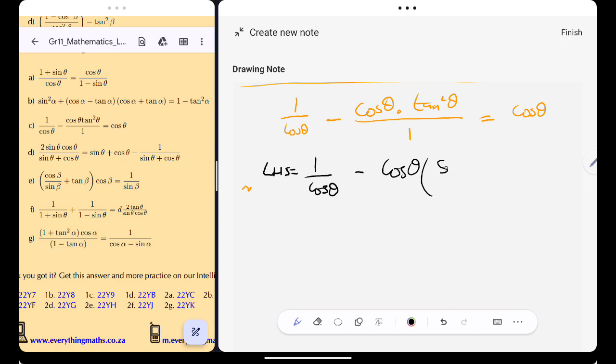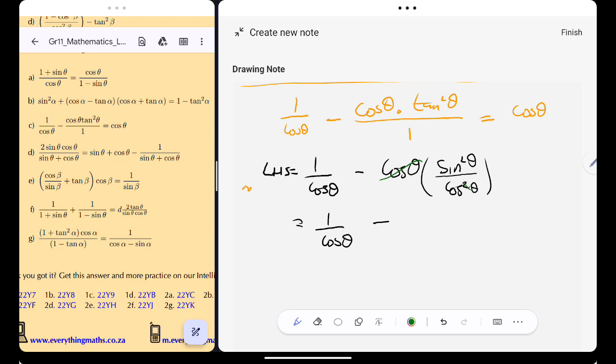and then I have sine squared theta over cos squared theta, right? Because I'm changing everything in terms of sine and cos. This is 1 over cos theta minus, please note that this guy will cancel with one of these.